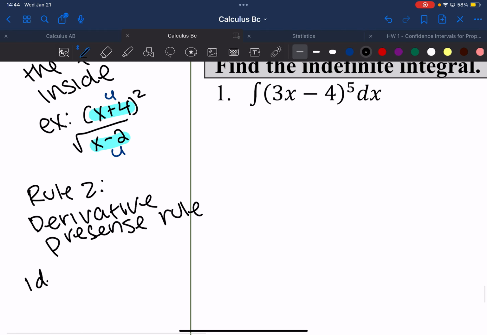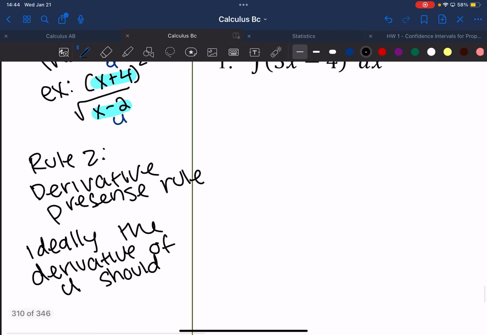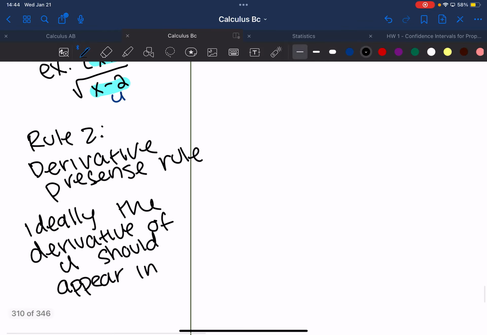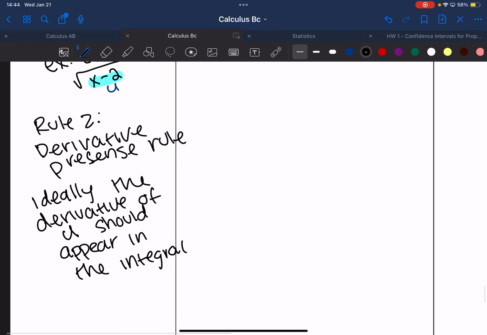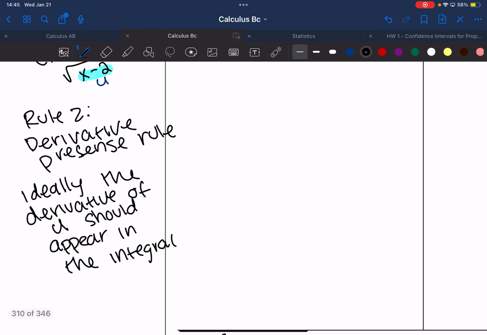So ideally, the derivative of U should appear in the integral. And we'll see more of that example in the problems.